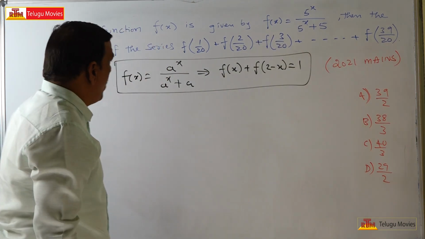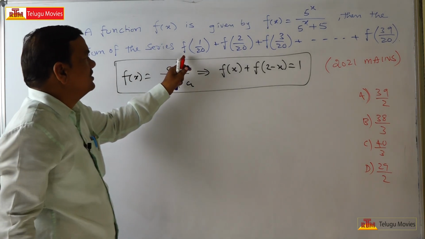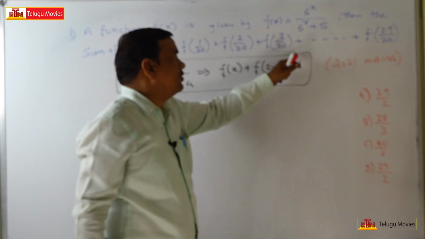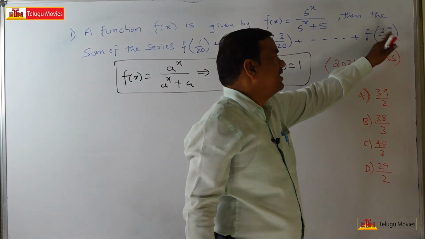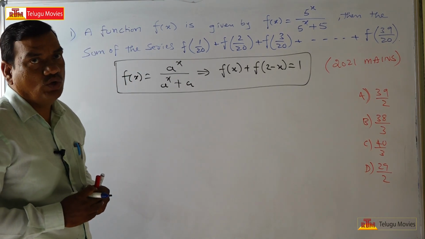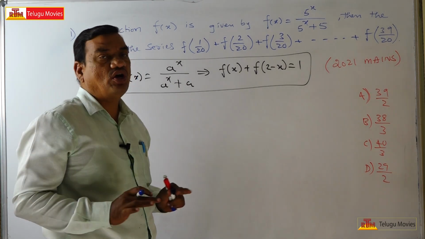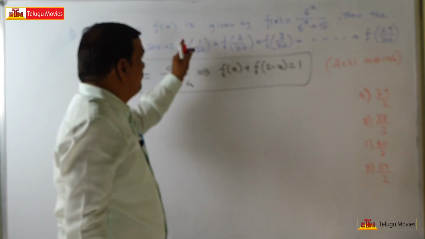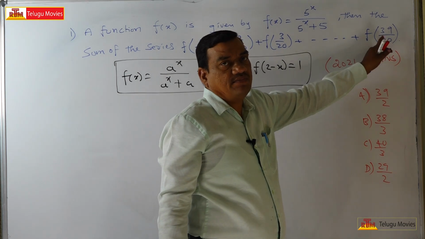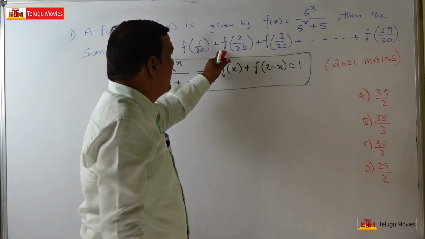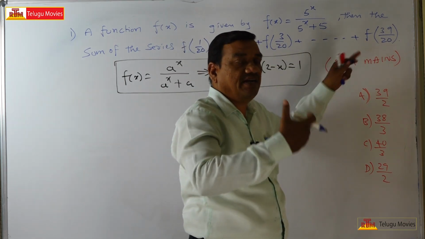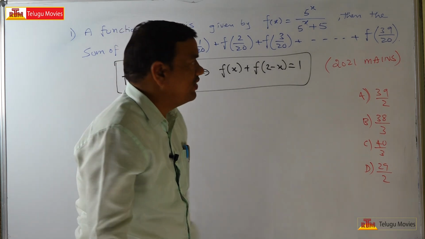Now what I am going to do here: we have f of 1 by 20 plus f of 2 by 20 plus f of 3 by 20 and so on up to f of 39 by 20. I will group the terms. In the majority of such problems, you match the first term with the last term, the second term with the last but one term, the third term with the last but second term, and like that, the problem will be over.